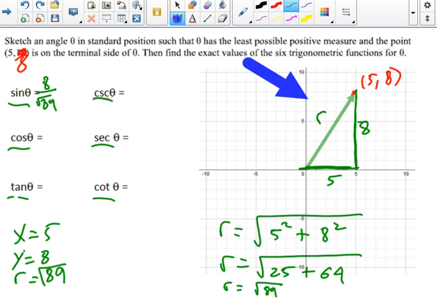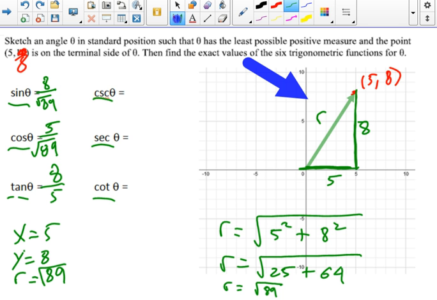We can't have the square root in the bottom because math people don't like it. But what's the cosine going to be then? Well, the cosine is x over r, so that's going to be 5 over the square root of 89. And the tangent is y over x, so it's going to be 8/5.